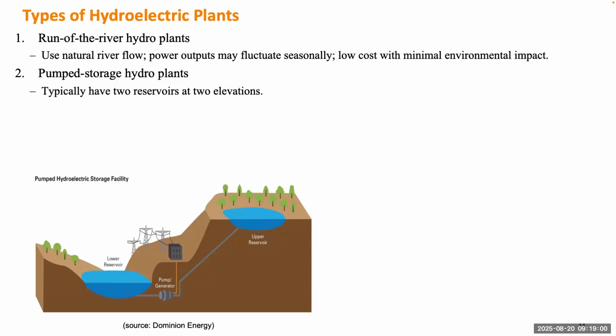If I can make this reservoir high enough, you can roughly estimate the total potential energy relative to this generator. You know the height, you know the volume of water, and you can utilize most of the energy to generate electricity, so you can roughly estimate the capacity of this power plant.